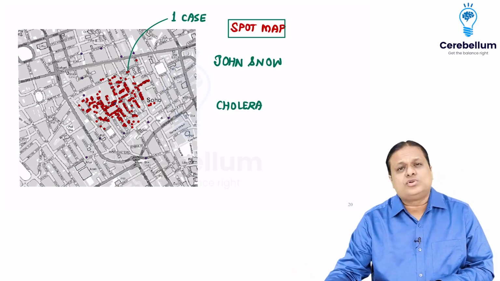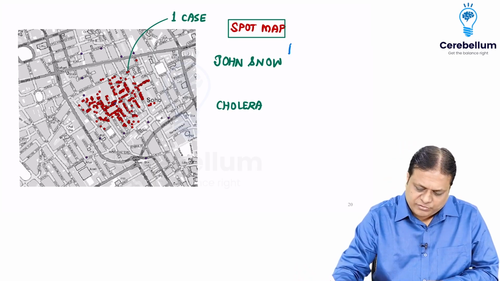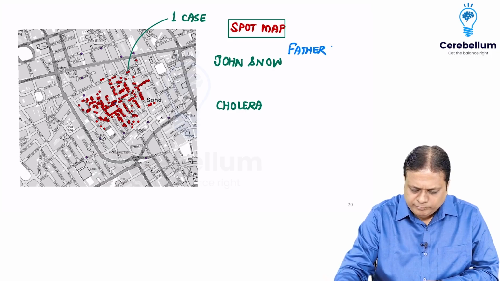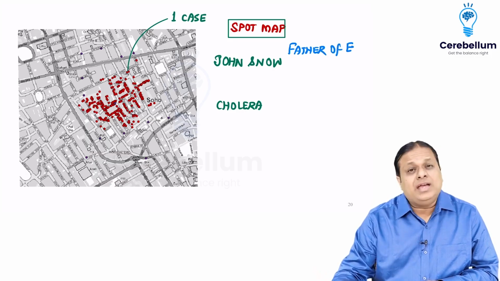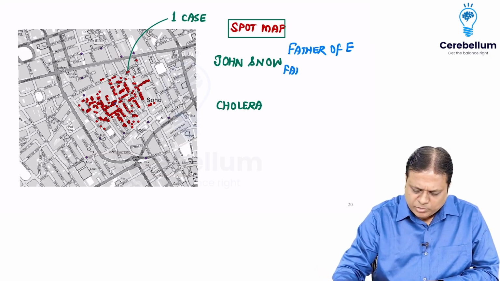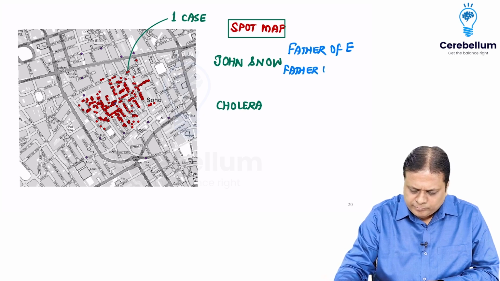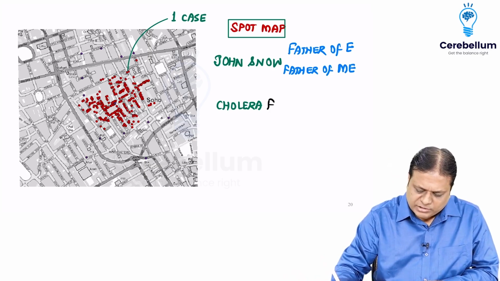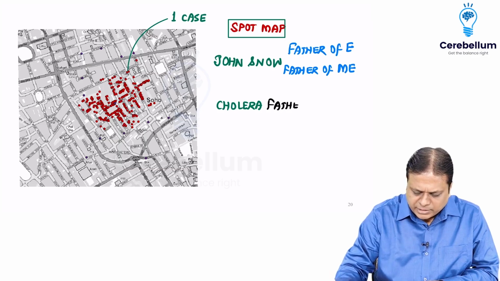Therefore, John Snow came to be known as father of epidemiology and also father of modern epidemiology. Cholera disease came to be known as father of public health.